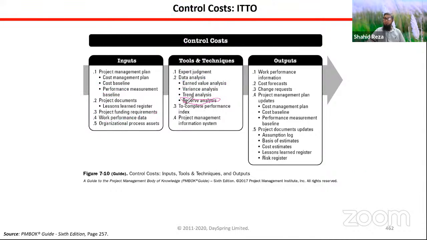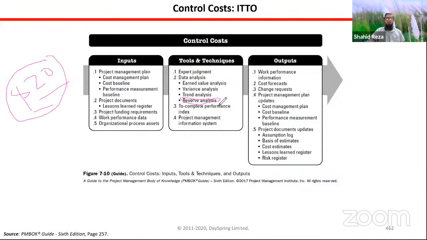You have kept contingency reserve for all work packages, for all activities, whether that reserve is still okay or not. Do you need more money? Or for example, you have kept $20 for one activity, but that risk, that uncertainty, that adverse situation did not happen, and you have saved $20.